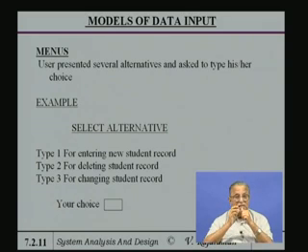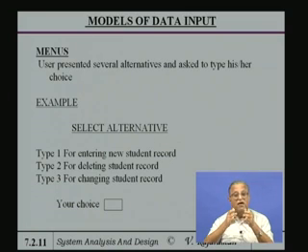If you say yes, then it will say give the roll number of the student, and you enter the roll number, and it will bring back the student's name and roll number, and again ask you, is this the right name of the student, because you may have entered the roll number incorrectly.